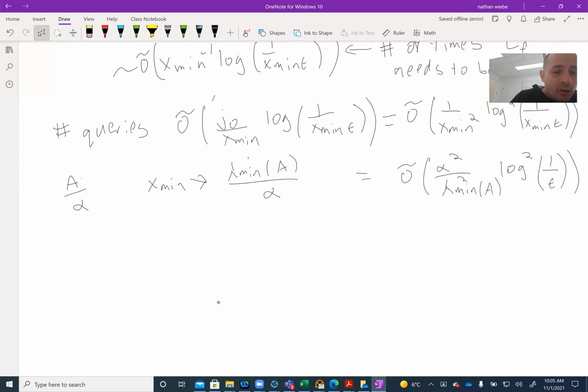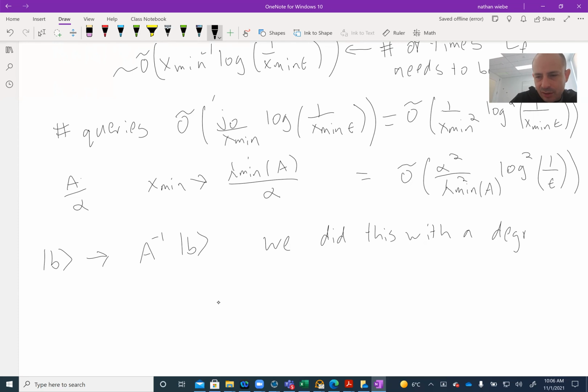And that problem, if you recall, it's been a while, was to take a ket vector B and map this to A inverse B. And we did this with a degree J0, or 2J0 technically, polynomial, and using a total number of queries that ended up scaling like this.